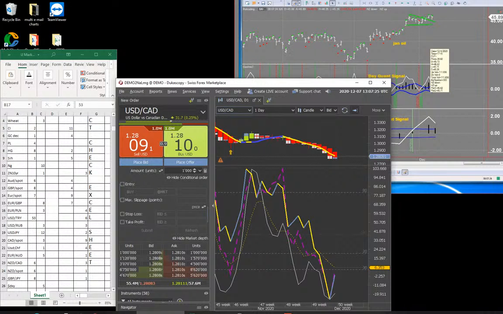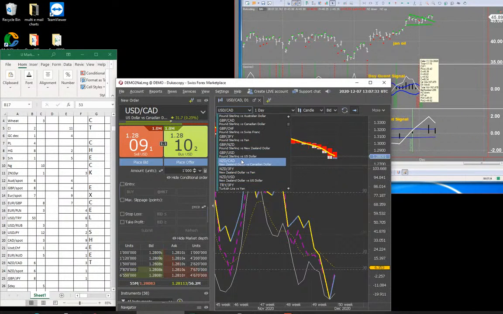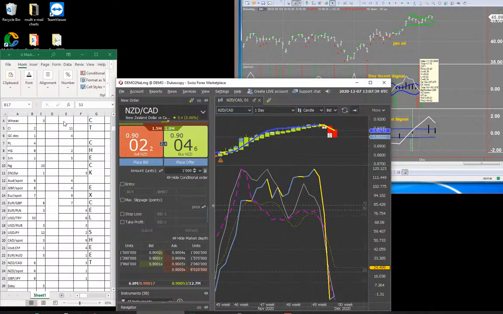From here we go to NASCAD. Let's see what NASCAD looks like. There's NASCAD, a little firmness in there. You can see that. I need to put some oil on that squeak. There's NASCAD. Okay, there we go.